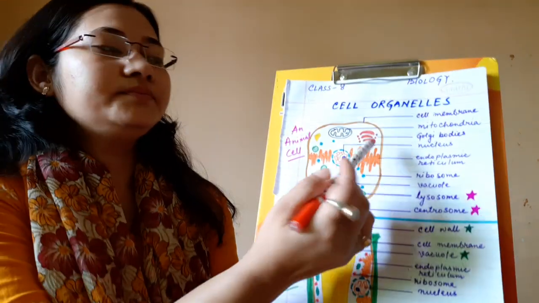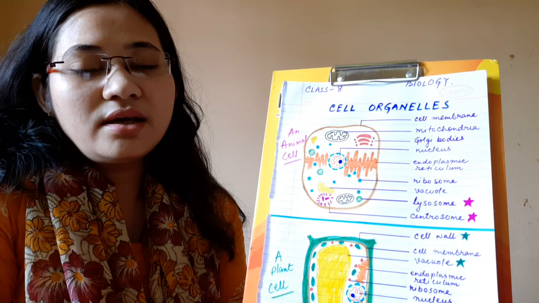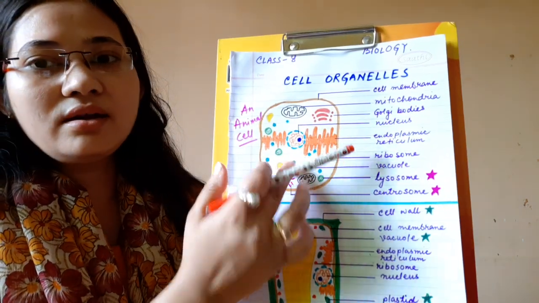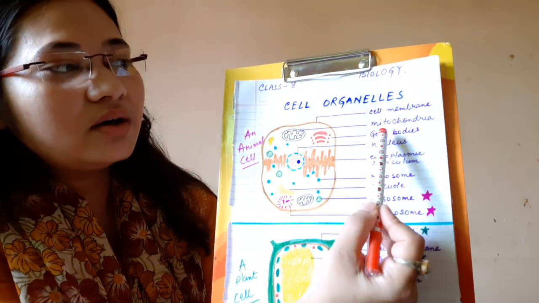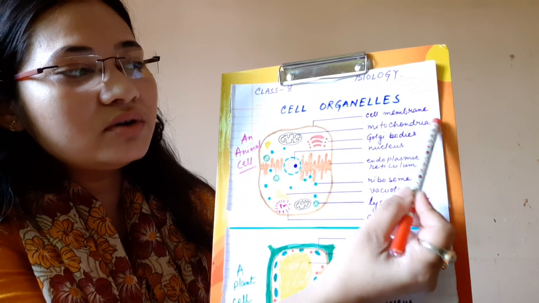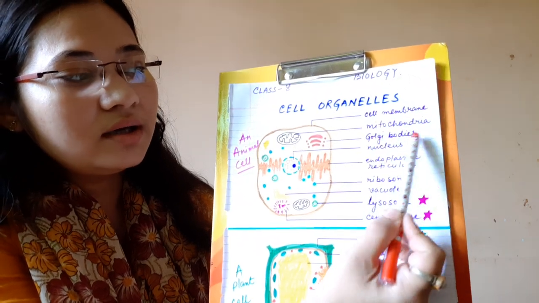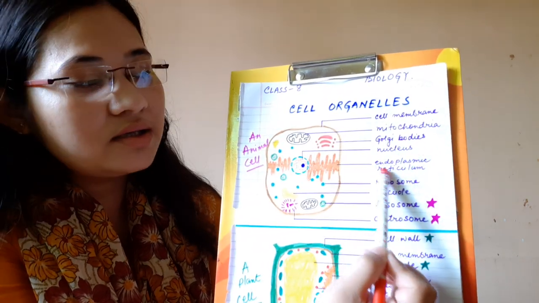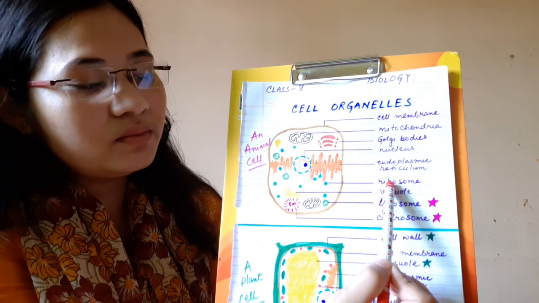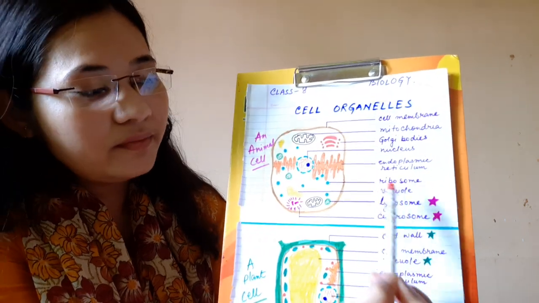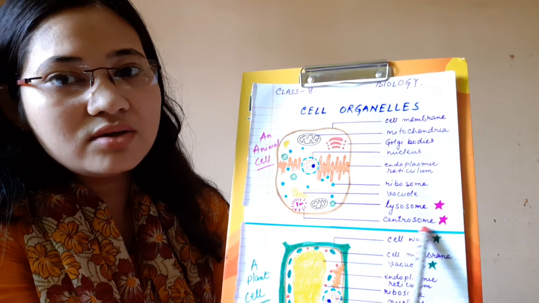So these are the cell organelles. Once again, in this animal cell we can see the cell organelles: first mitochondria, then the Golgi body, then the endoplasmic reticulum, then ribosome, then vacuole, lysosome, centrosome.